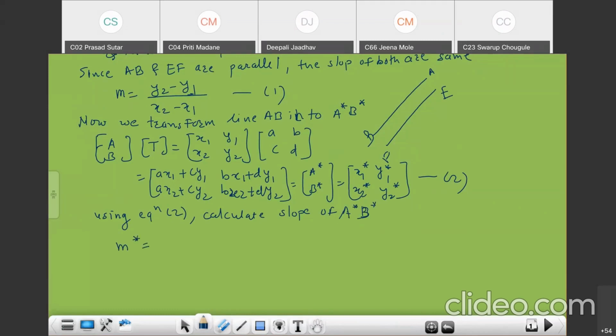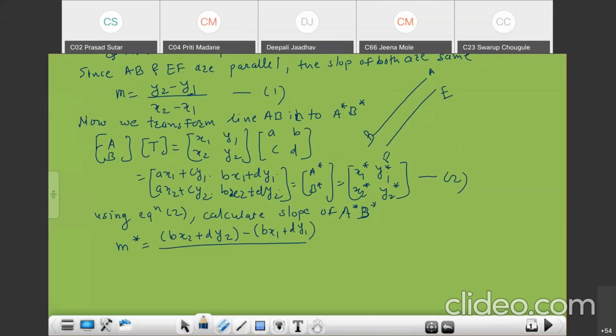How do we calculate it? y2 star minus y1 star divided by x2 star minus x1 star. Y2 star is b x2 + d y2, minus y1 star, b x1 + d y1, divided by x2 star minus x1 star.